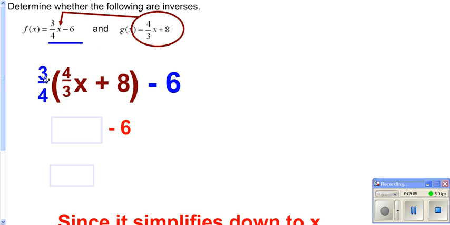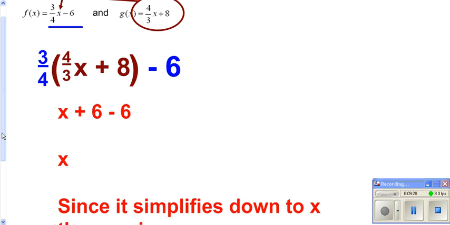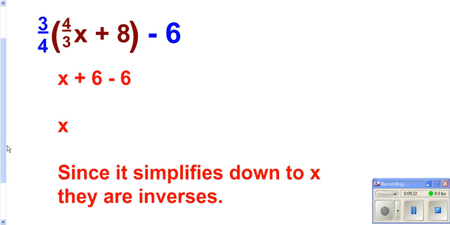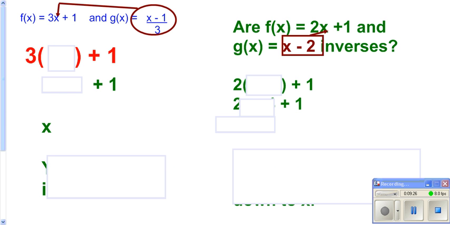Distributing through, 3/4 times 4/3 is just x. 3/4 of 8 is plus 6. Still have the -6 here from the right. 6 minus 6 reduces down to x. Since it reduces down to x, we do have inverses. If it would not reduce down to x, we would say they are not inverses.